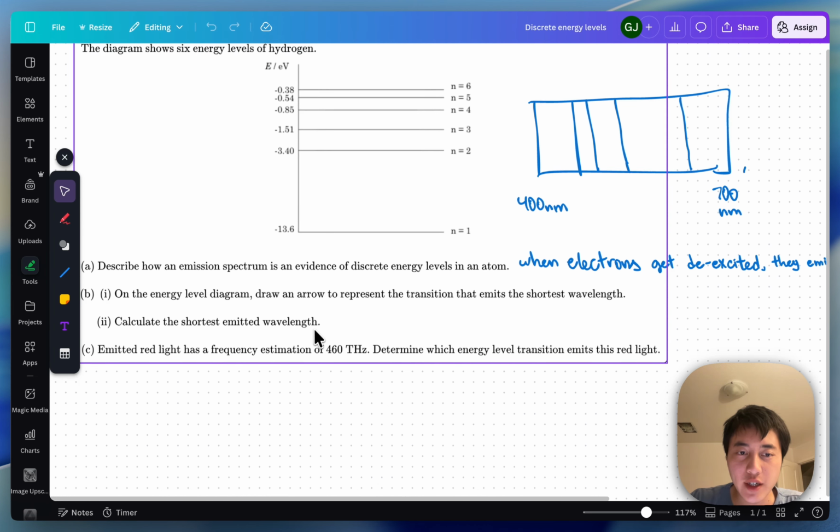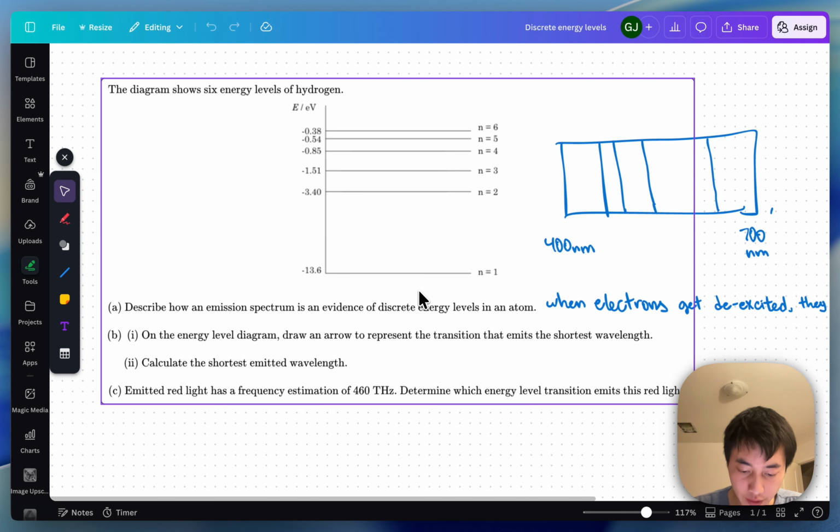On the energy diagram, draw an arrow to represent the transition that emits the shortest wavelength. It's important that we know that the shortest wavelength means the greatest energy, because E equals hf. Actually, I'll do this calculation later. Let's just do B1 first.